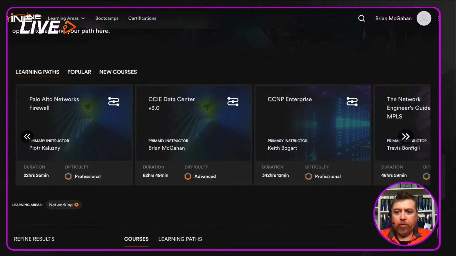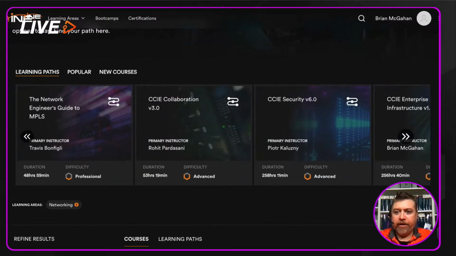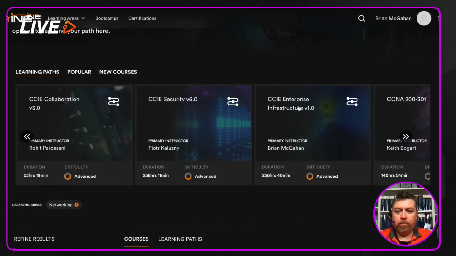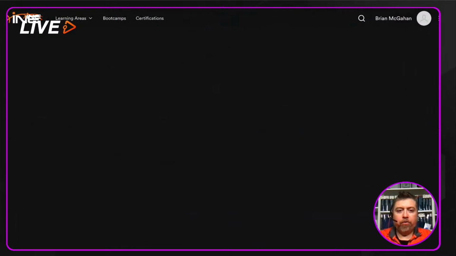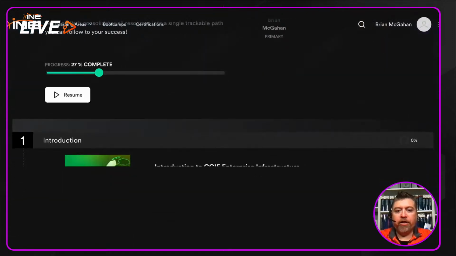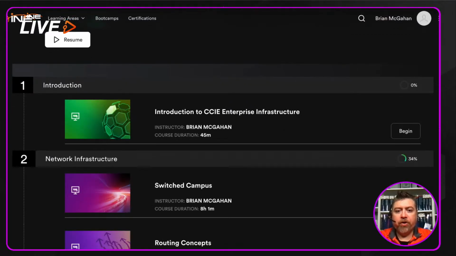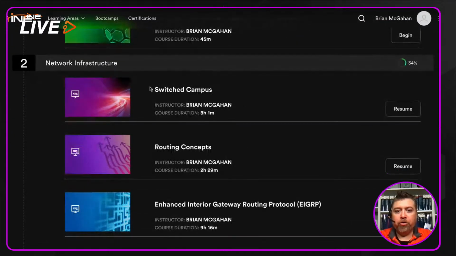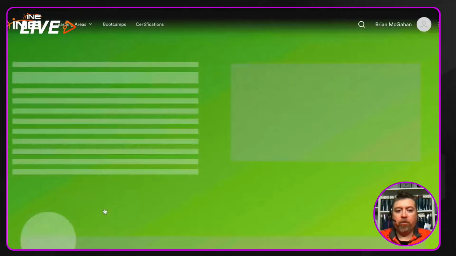The one that we were referring to here, the question was about, is CCI Enterprise Infrastructure. So if you go to CCI Enterprise Infrastructure, you'll see that it's further broken down on a per topic basis. So for example, Layer 2 Switch Campus, Layer 3 Routing Concepts, Enhanced Interior Gateway Routing Protocol, etc. So all of these subsections do have labs that are associated with the individual videos.